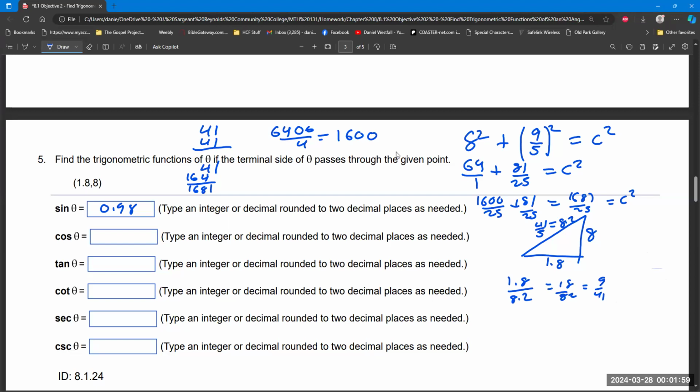I wish I could just leave my answers to that effect. I will. I know it told me to round it. You all can round this with your calculator, but I'm going to leave these as fractions because they're more accurate answers. So 8 over 8.2 was 80 over 82. It's 40 over 41.